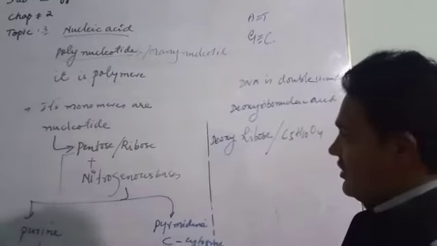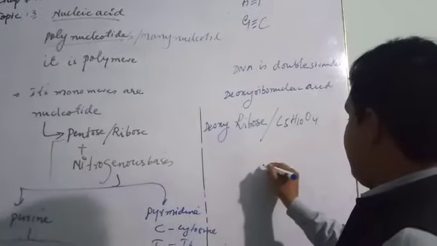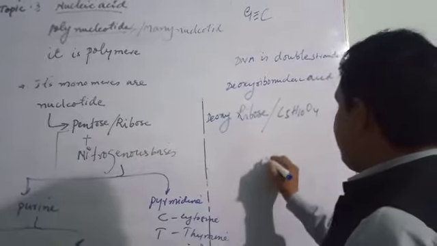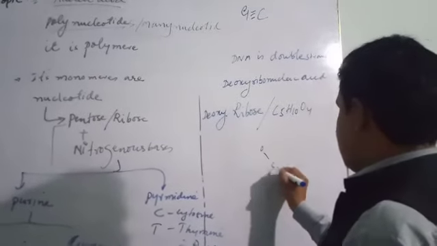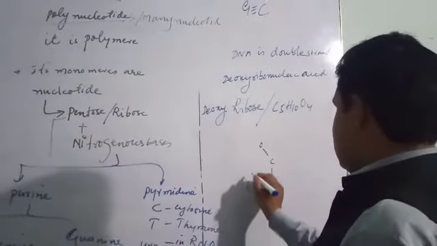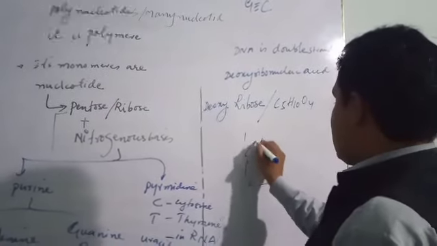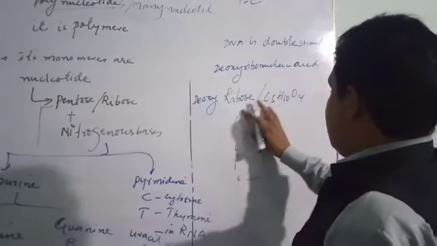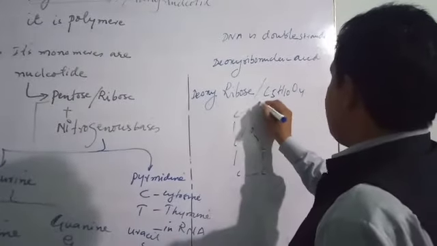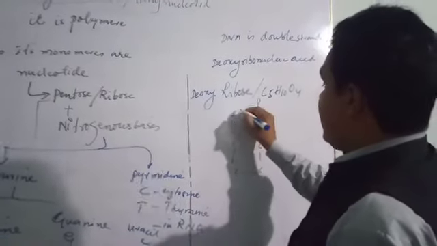The formula of the pentose is C5H10O4, with five carbons. The phosphate will join to carbon number 5.